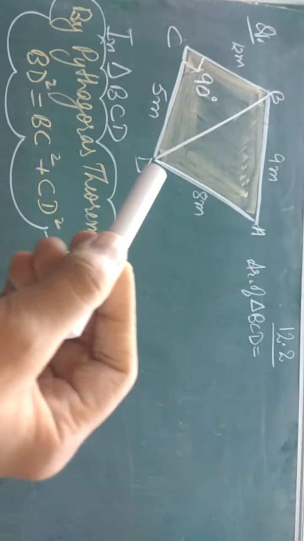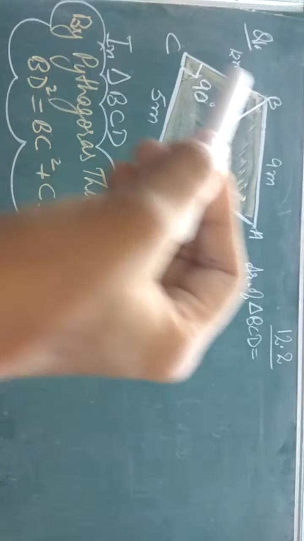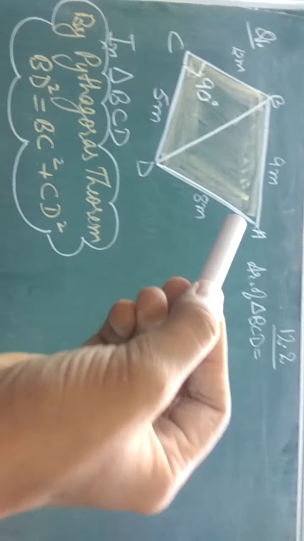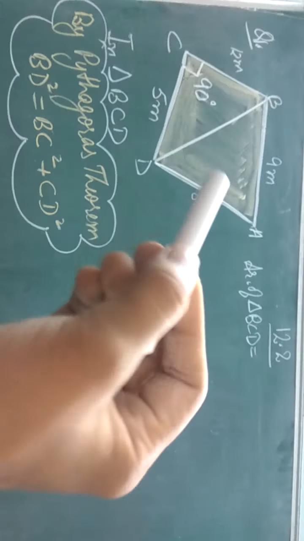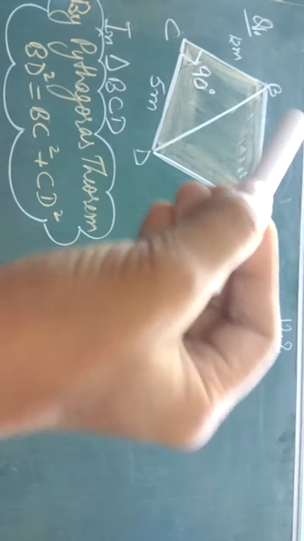If we get the BD length, with that we'll get all the three sides of triangle BCD as well as triangle ABD. So from that we can calculate the area of two triangles, and by adding them we'll get the area of the complete quadrilateral. So let us first find out the length of the diagonal BD by Pythagoras theorem.